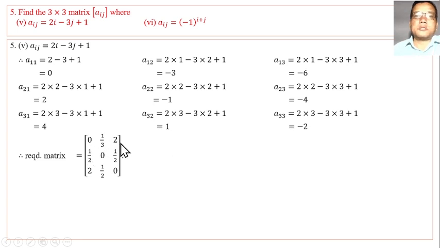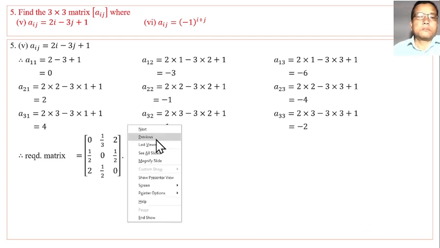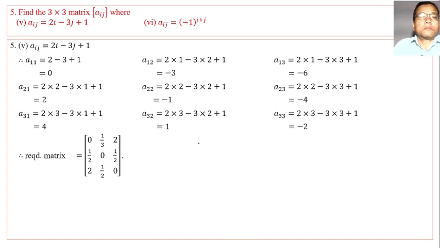This must be minus 3, this must be minus 6, this must be 2, this must be minus 1, this must be minus 4, this must be 4, this must be 1, this must be minus 2.